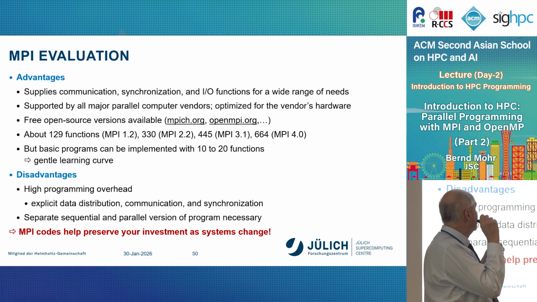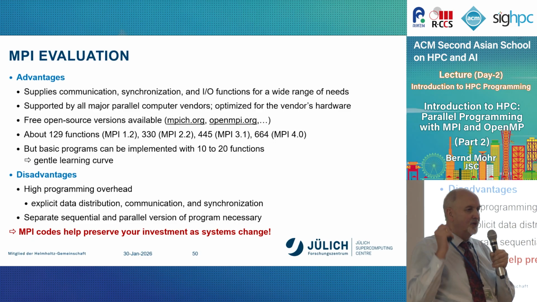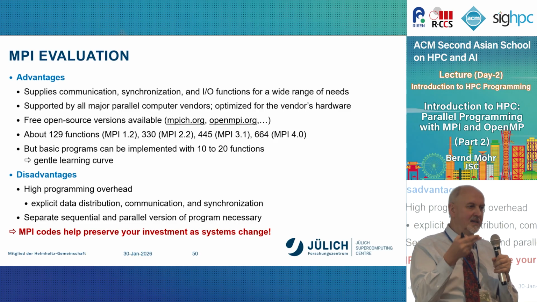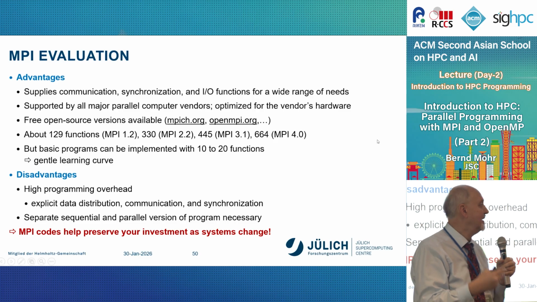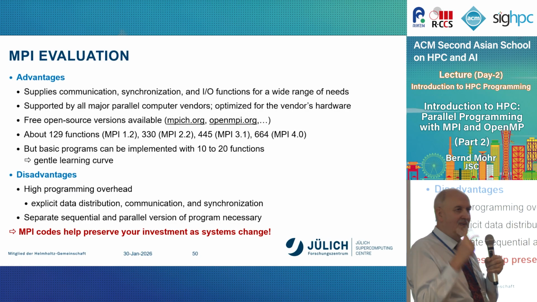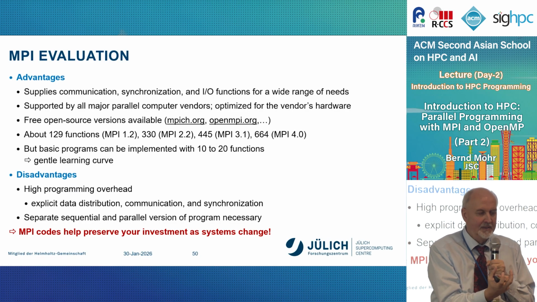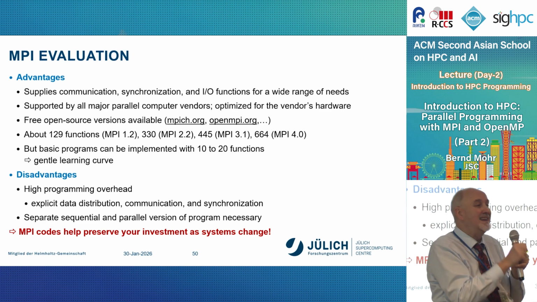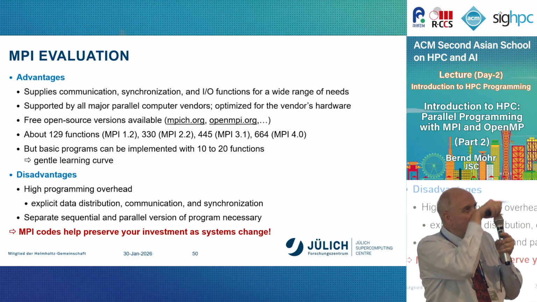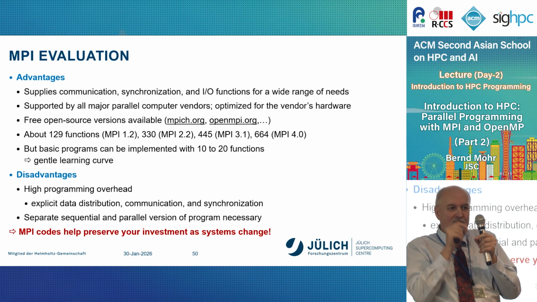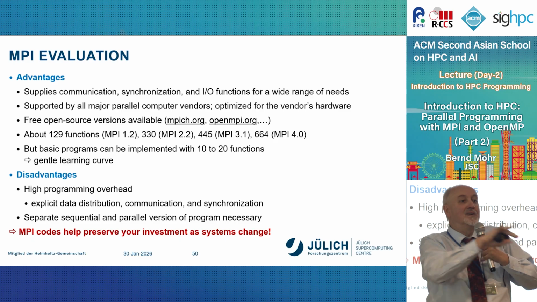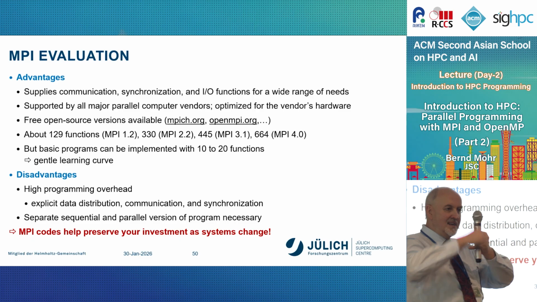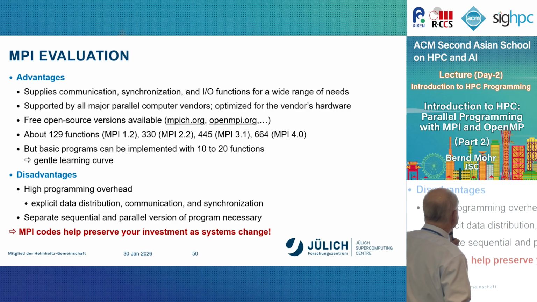Every company producing parallel computers, Fujitsu, Cray, Intel, HPE, whatever, typically provides you with an MPI library which is optimized for that specific computer. Like the Fujitsu MPI knows exactly the six-dimensional torus on the Fugaku and makes sure the message is sent in the most efficient way. You don't need to care. You always use MPI send from here to here, and then the vendor and the library take care of the rest.